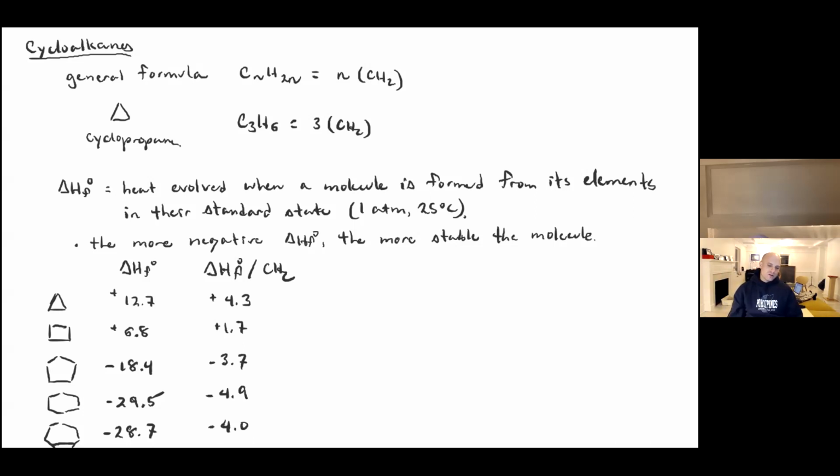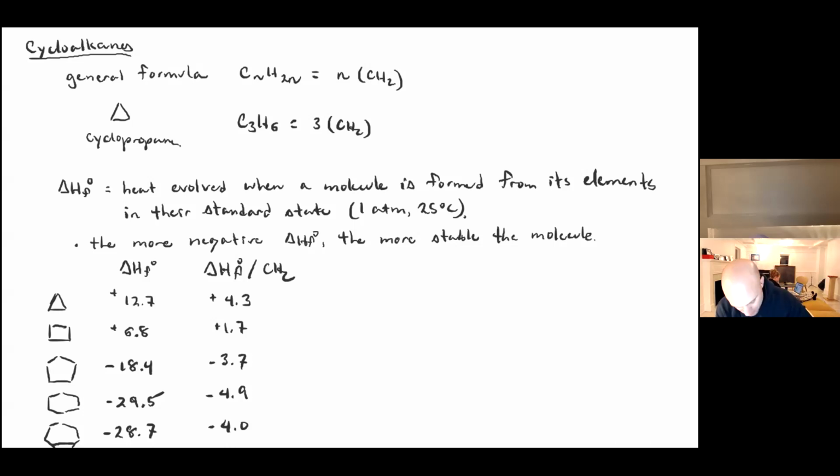And so this allows us to make a better comparison of the relative stabilities of these molecules. And what we can see is that cyclohexane on a per CH2 basis is the most negative.